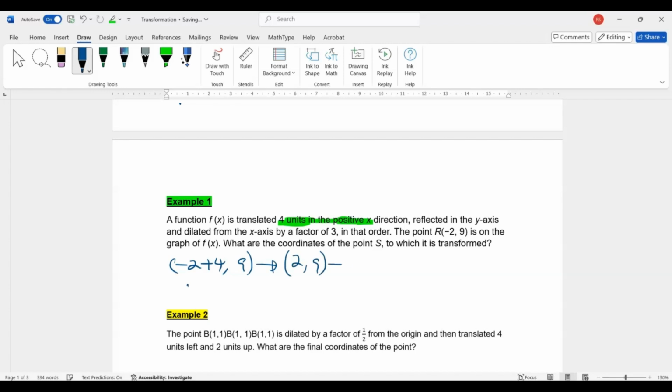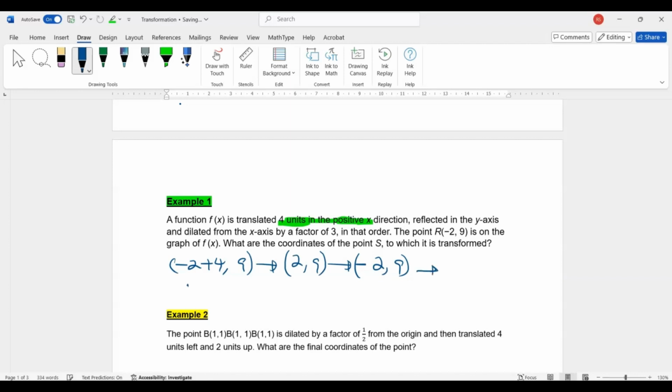Now from here, we've done that. Reflection in the y-axis changes the x, because it's the opposite, so the x value will be negative. A dilation factor from the x-axis changes the y.